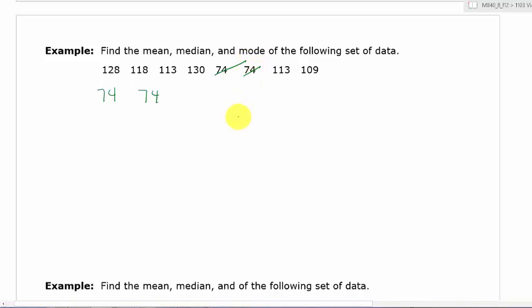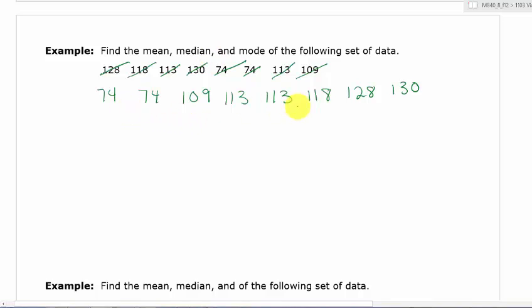One, so that I use all of the data values, and two, so that I don't repeat any by mistake. The next largest data value is 109. And then I have two data values of 113. And then the next higher one is 118. And then I have 128 and 130.